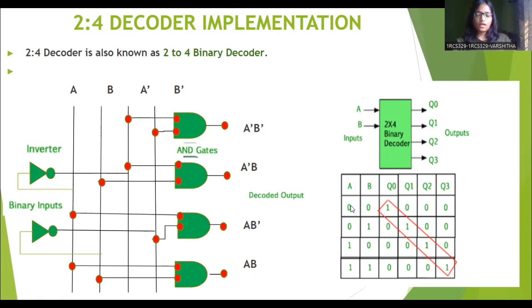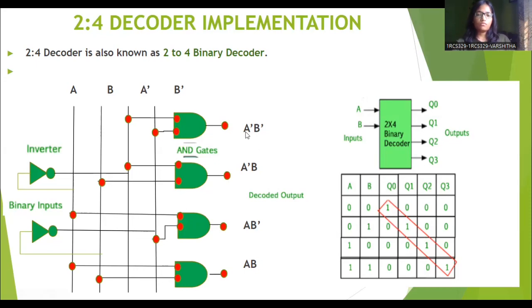When we are passing A equals 0 and B equals 0, Q0 would be 1 and Q1 would be 0, Q2 would be 0, and Q3 again 0. When we pass 0 and 1 as the input signal, for Q0, 1 into 0 would be 0, for Q1, 1 into 1 would be 1, and Q2 would be 0, Q3 would be 0.